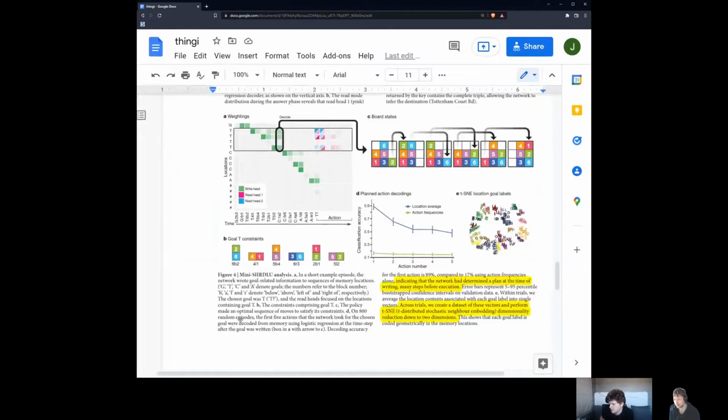So I think action frequencies would be: the best move is to do this action because it is the most likely action. Is that action frequencies? I think so. That's doing the most likely thing because it has been done before.